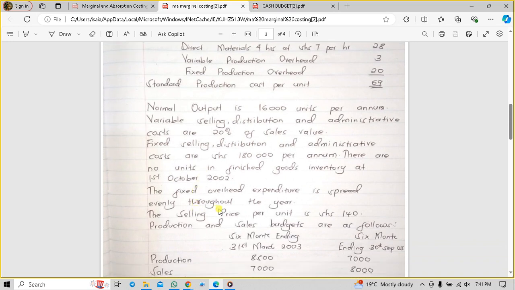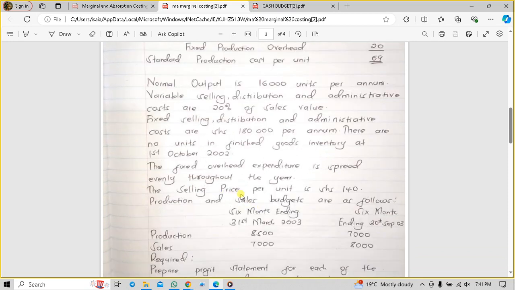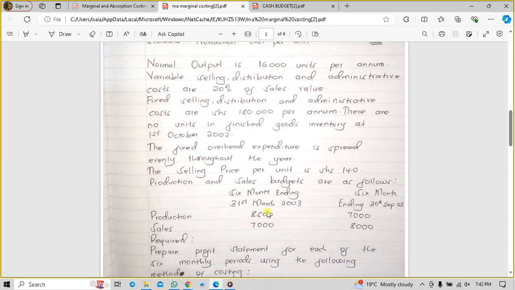The fixed overhead expenditure is spread evenly throughout the year. The selling price per unit is 140 shillings. Production and sales budgets are as follows. So we have a 6-month period ending 31st March 2003 and a 6-month period ending 30th September 2003.